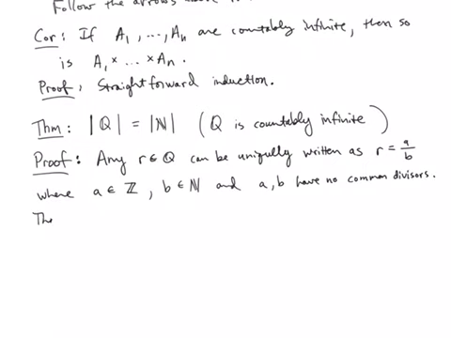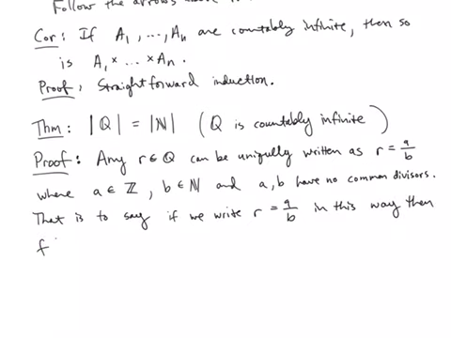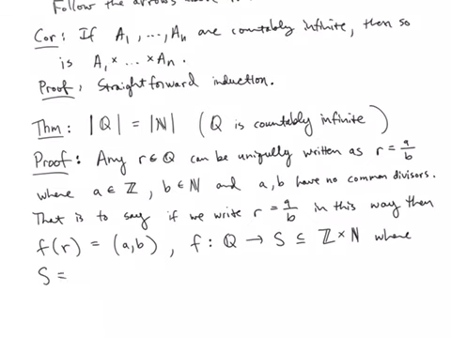That is to say, if we write r as a over b in this way, then f of r equals the pair a, b, where f here is a function from the rationals to a certain subset of Z cross N, where S equals the set of pairs (a, b) in Z cross N such that a and b have no common divisors.